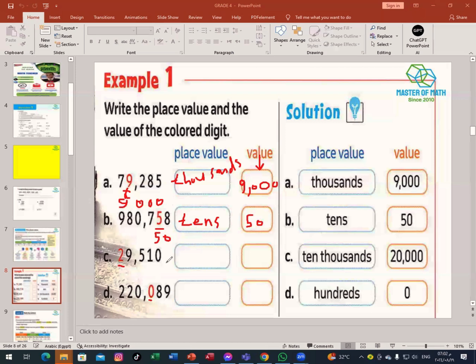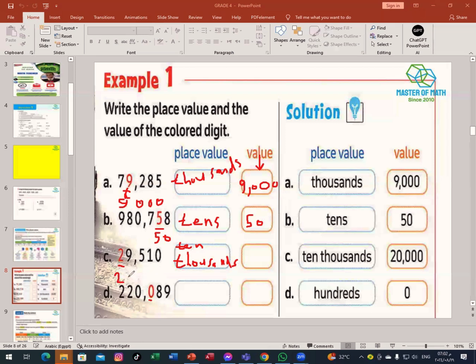Next, ones, tens, hundreds, thousands, ten thousands. So I write ten thousands. But the value, I make a shadow for 2 and walk right.